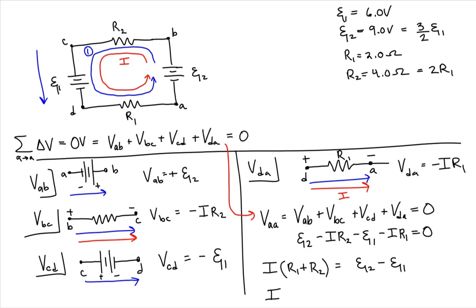This means that the current is equal to the difference in potential between the two batteries divided by the total resistance of our circuit. So we have the current equal to the ratio of the difference in potentials of the batteries over the total resistance of the circuit.